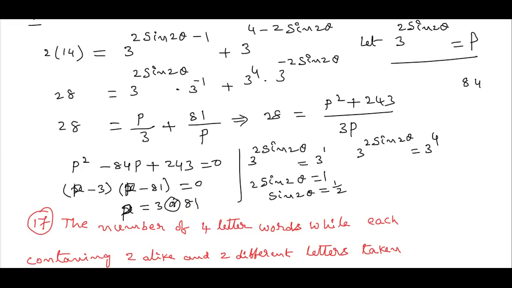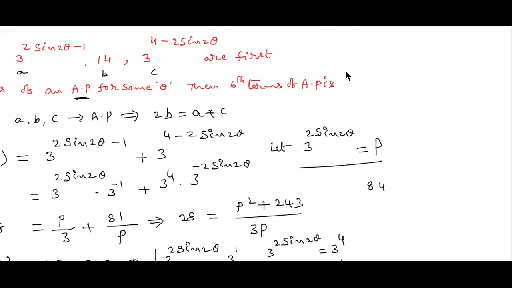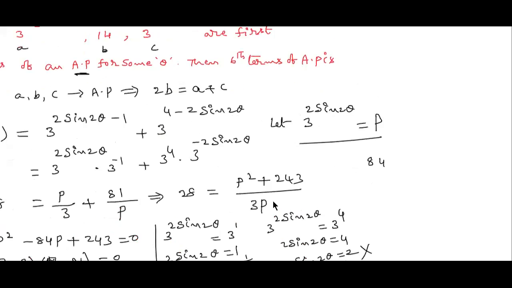And for 81, 81 means 3 power 4, so 2 sine 2 theta is equal to 4, and sine 2 theta is 2. This does not exist because the sine 2 theta value lies between minus 1 and 1. Here we got the sine 2 theta value 1 by 2.